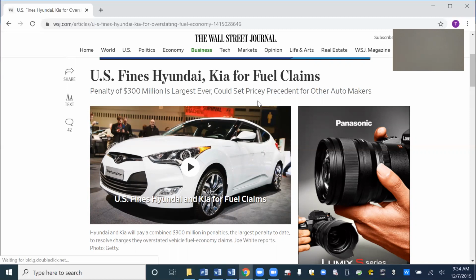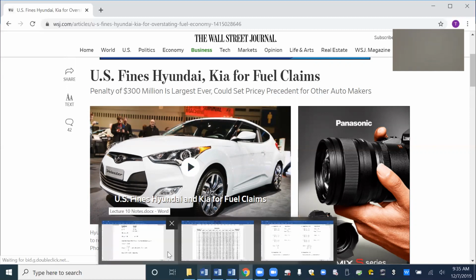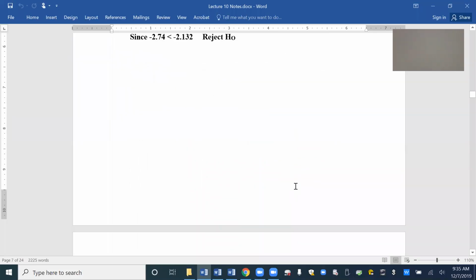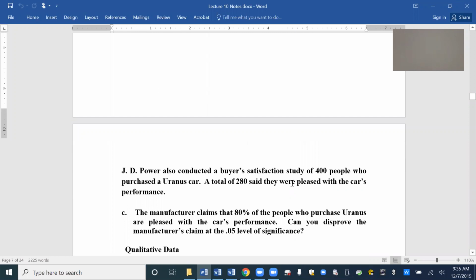Much like Toyota was doing so fabulous, and then they had the problem, and they danced around it and dealt with it poorly, and it hurt them and took them a couple years to get back, where the accelerators were sticking. All right, so hypothesis testing was used to prove this particular case.